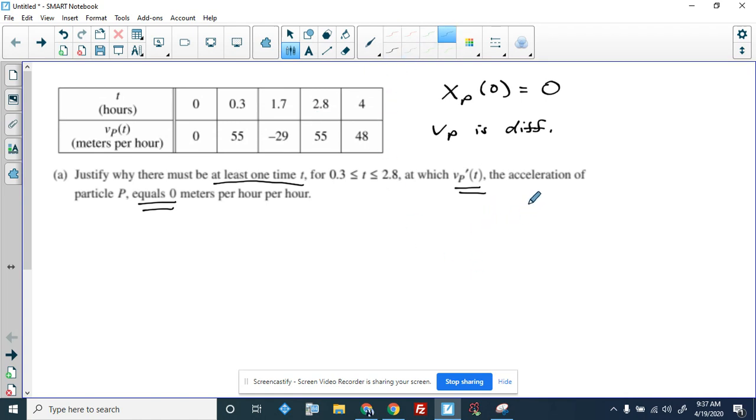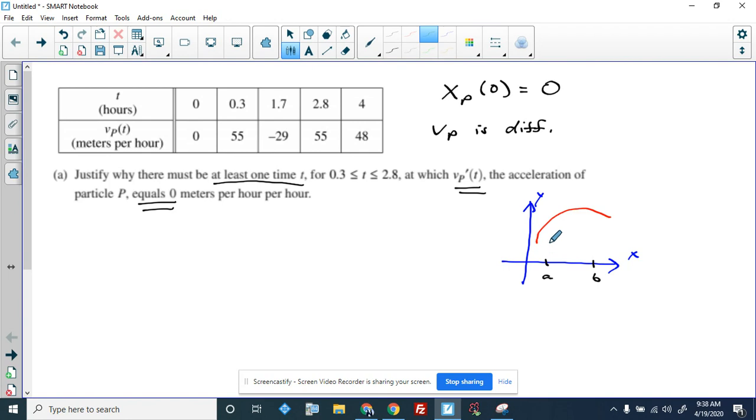Do you know what theorem I'm going to say? Hopefully you do. The Mean Value Theorem, which basically says, if you have a function that is continuous and differentiable, so it's smooth, on some closed interval [a, b], what can you say?